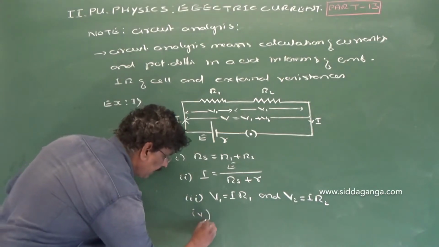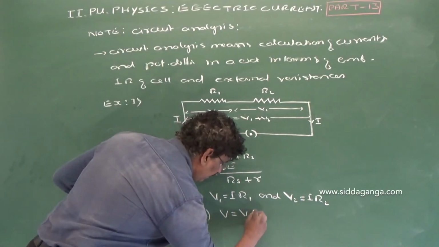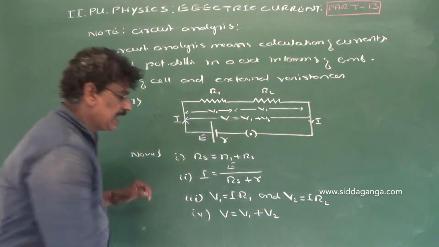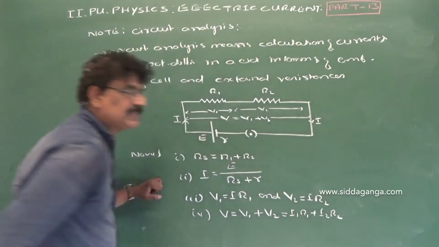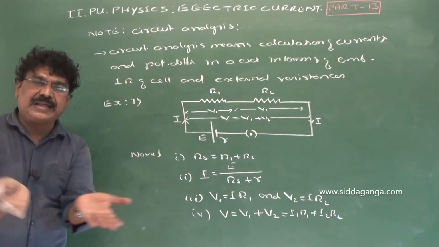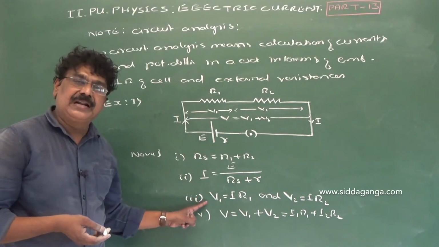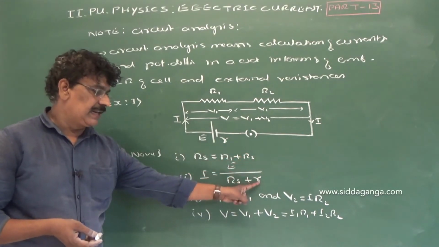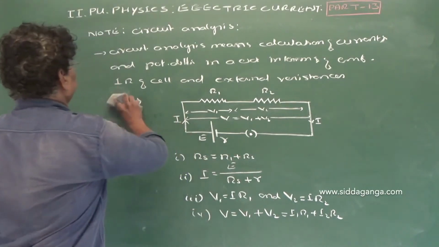Now fourth one, potential difference V is equal to V1 plus V2, that is I R1 plus I R2. Now this is called circuit analysis, that is calculation of currents and potential differences in terms of EMF, internal resistance and external resistance.